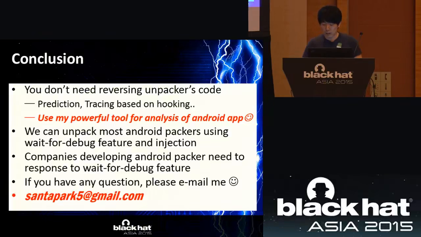And now, as you know, we can unpack almost 100 packers with the wait for debug feature and function hooking through code injection. And also, I think that companies developing Android packers need to respond to this technique. So this is the end of my presentation. Thank you.